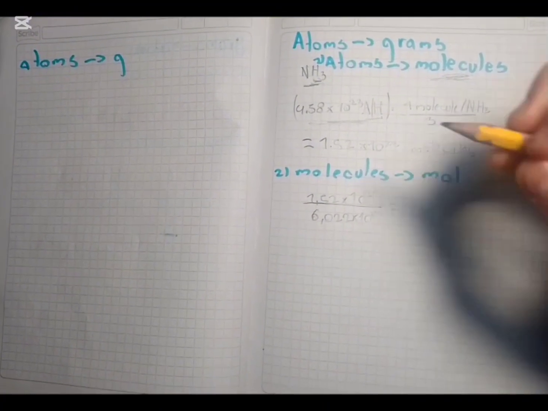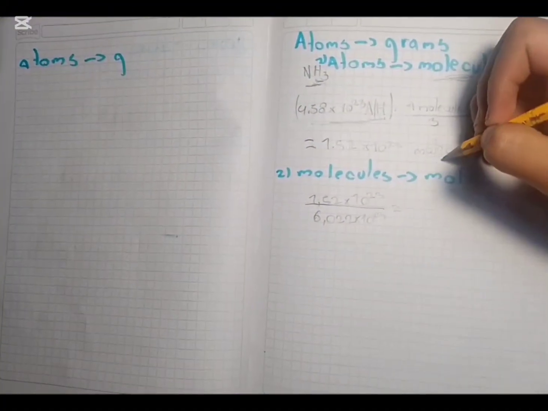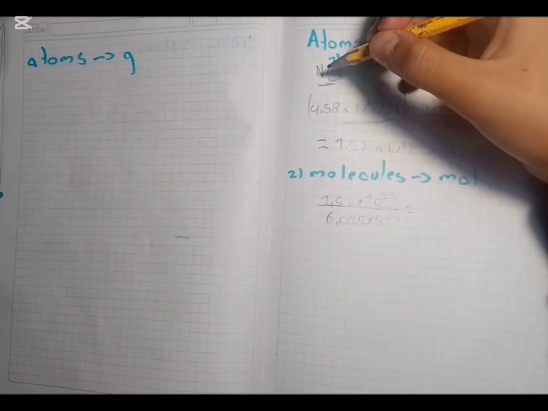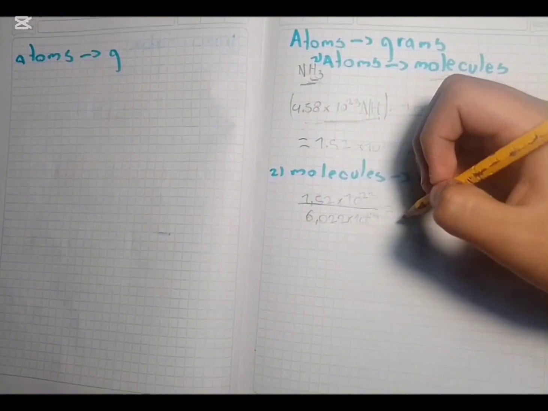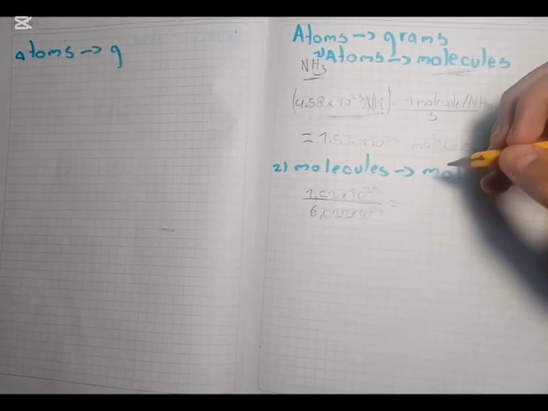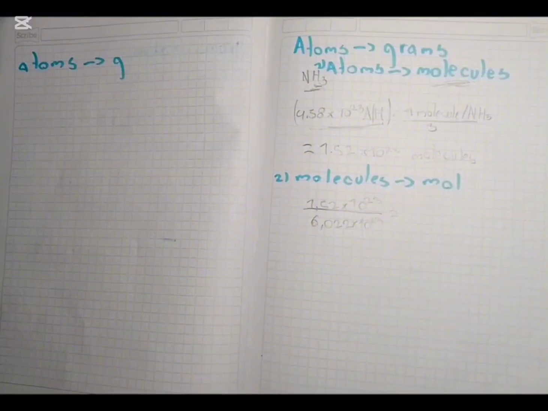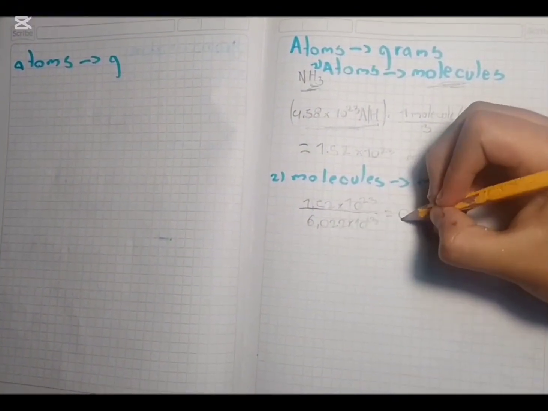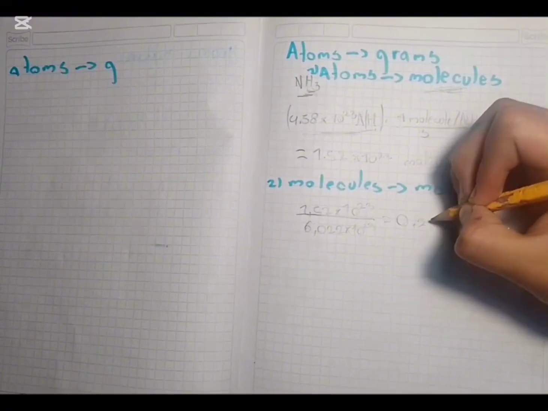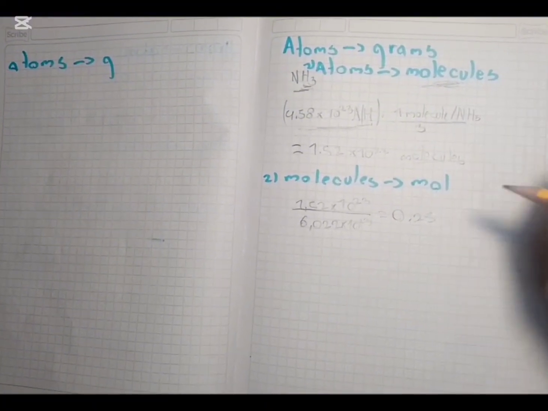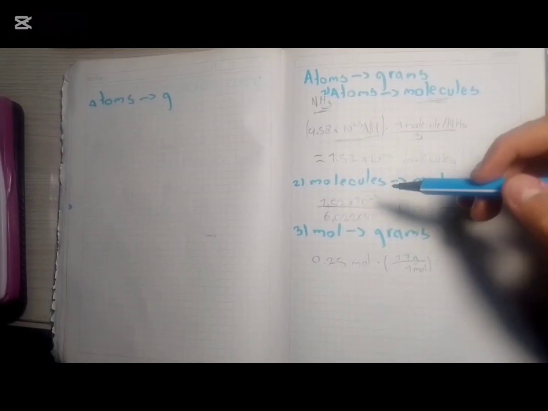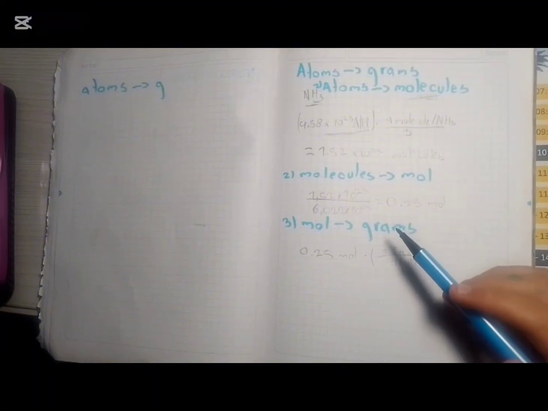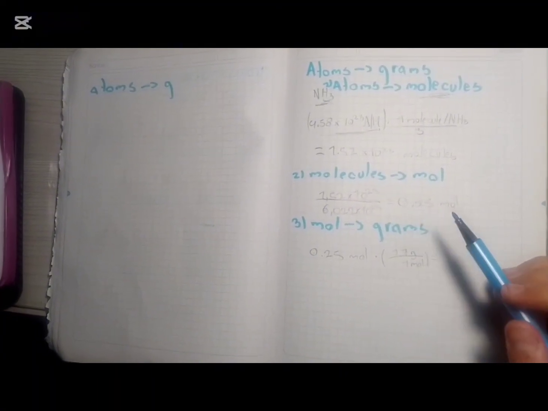In this case, I use the molecules of NH3 and divide by Avogadro's number, and the result is 0.25, with two decimals. In molecules to moles, the result is 0.25 moles.